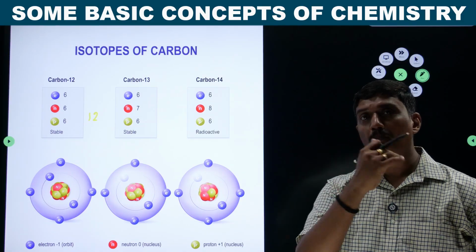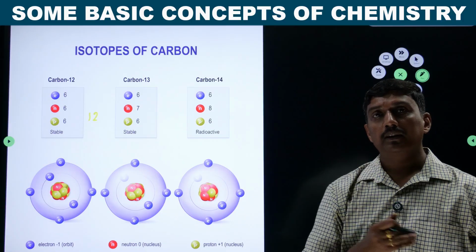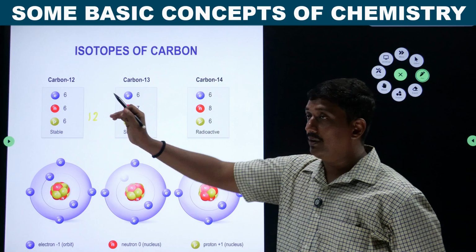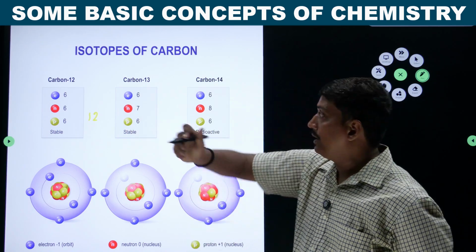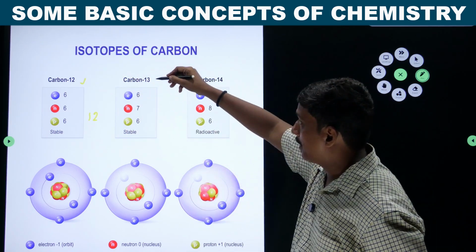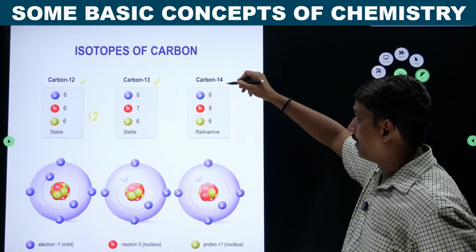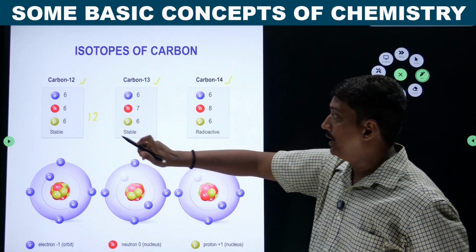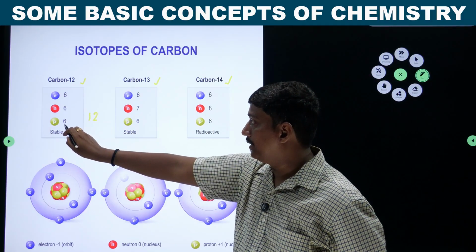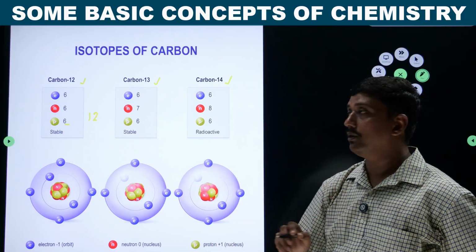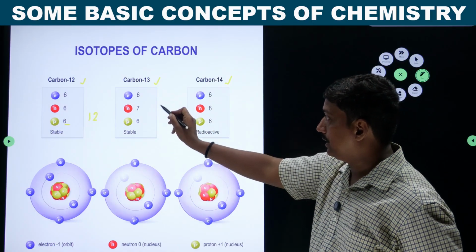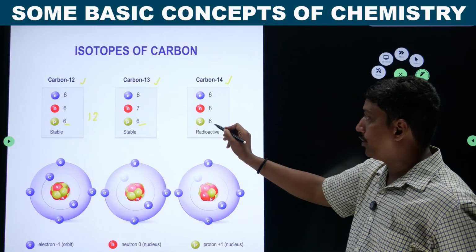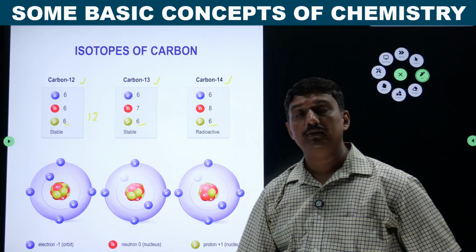What is the purpose of mentioning carbon 12? It could be written just as carbon. The reason is carbon exists in 3 forms: carbon 12, carbon 13 and carbon 14. If you observe carefully, the number of protons in carbon 12 is 6, in carbon 13 is 6, and in carbon 14 is 6.